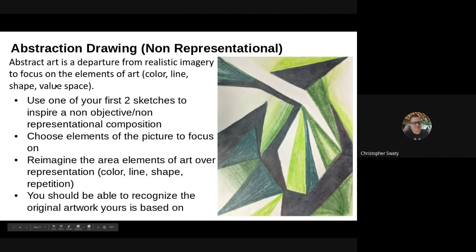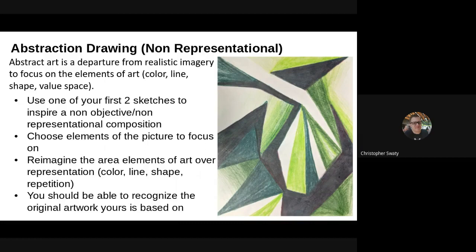So your second drawing is going to be a non-representational abstraction. Abstract art is a departure from realistic imagery to focus on the elements. Broken record over here. So what you're going to do is use one of your first two sketches to create a non-objective, non-representational composition.